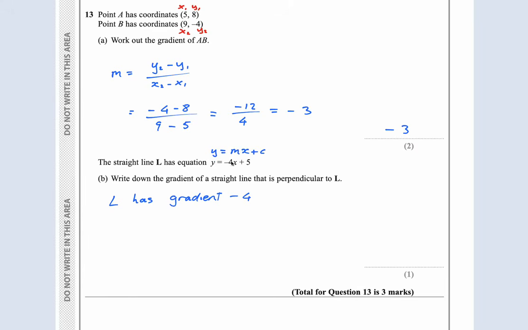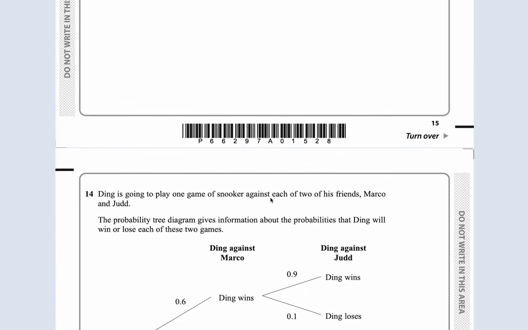The m is the thing that comes before the x when it's in this form. If this is the gradient, negative 4 or negative 4 over 1, to get the perpendicular gradient, we flip and change the sign. So it's going to be positive and it's going to be 1 over 4. So this is a gradient of negative 1 over 4. It's the negative reciprocal. So flip and change the sign.